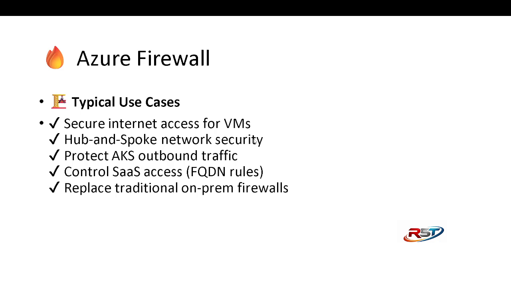Hub and spoke network security: we already discussed how the hub and spoke network is configured, and for this environment's network security we use a firewall. Protect AKS outbound traffic: when we want to protect Azure Kubernetes Service outbound traffic, we use Azure Firewall. Control SaaS access, software as a service access, by using FQDN rules, fully qualified domain name rules.